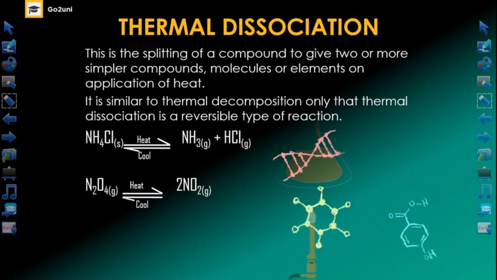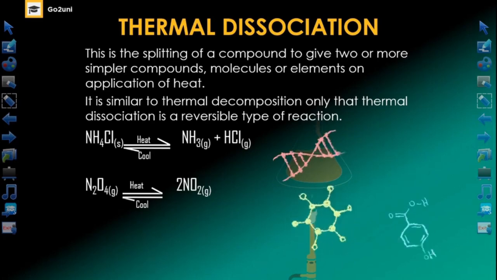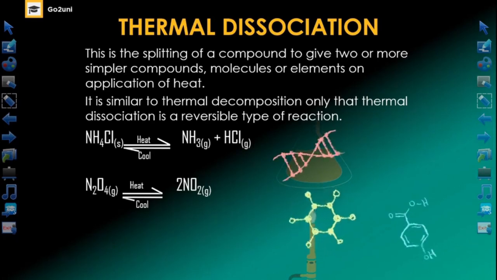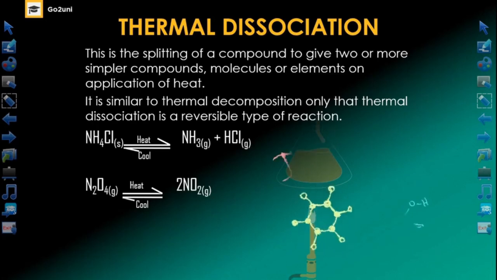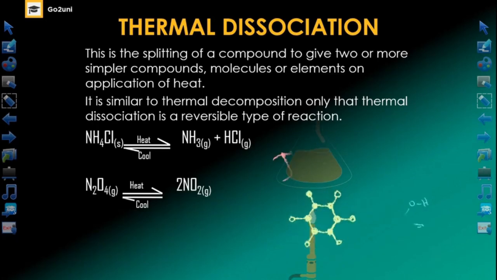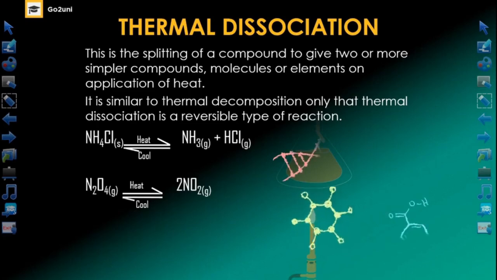Thermal dissociation is quite similar to thermal decomposition, only that thermal dissociation is a reversible kind of reaction. Good examples of thermal dissociation is the dissociation of ammonium chloride to give ammonia and hydrogen chloride. We also have the dissociation of dinitrogen tetraoxide, which gives nitrogen dioxide.